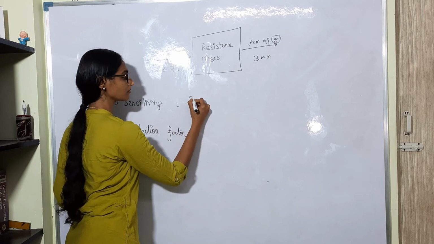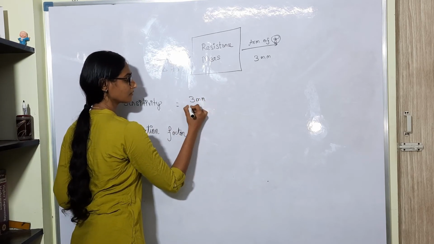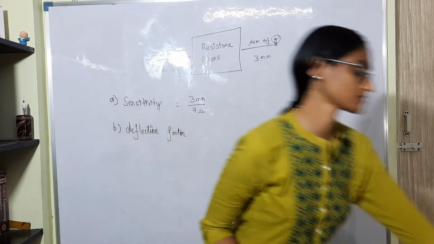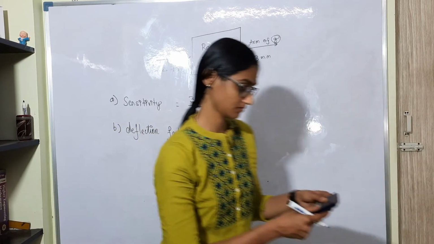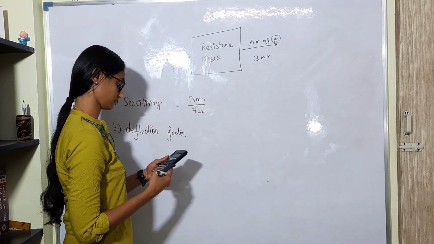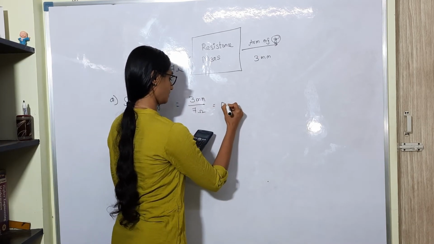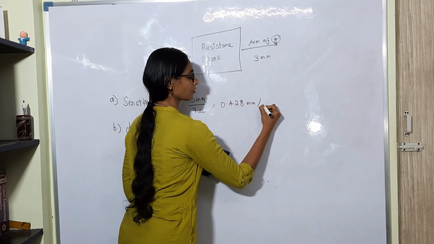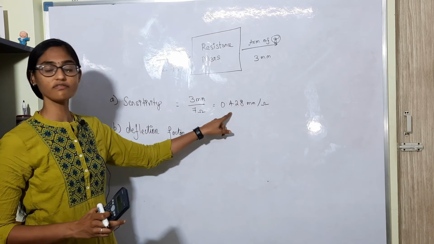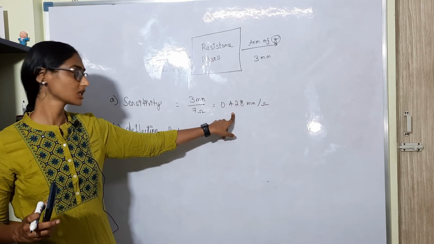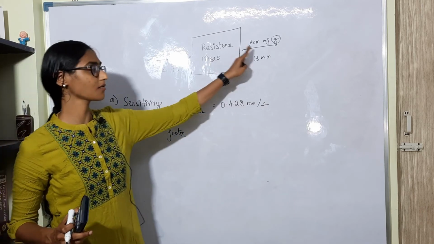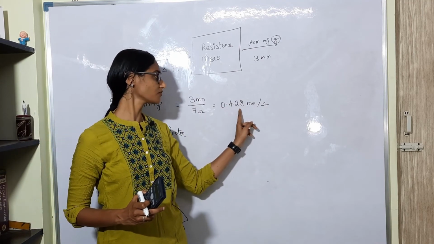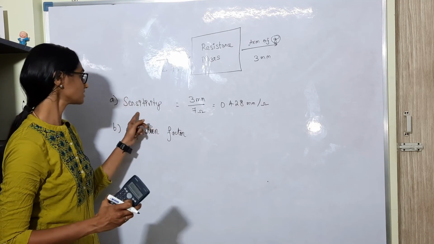So sensitivity will be 3 mm divided by 7 ohm, which is 0.428 mm per ohm. So it means that for every 1 ohm change, the change in the arm or the change in the galvanometer's reading will be 0.428 mm. This is what is sensitivity.